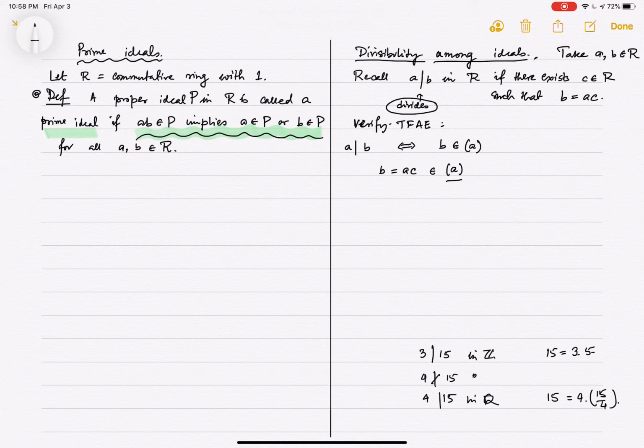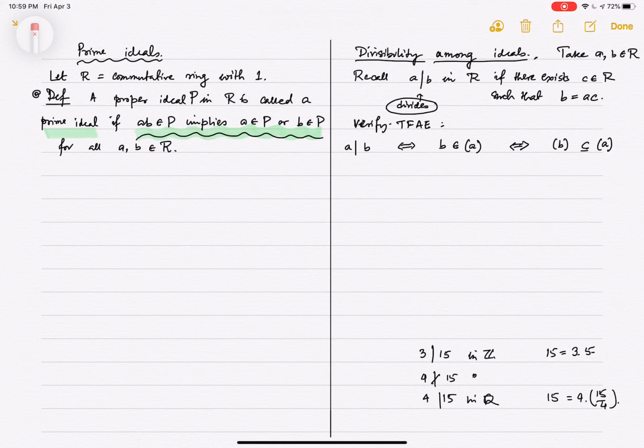But then, furthermore, if b is in this ideal, then any multiple of b is also in this ideal. So all multiples of b form the principal ideal generated by b. So all those are in the ideal generated by a, because any multiple of b is also a multiple of a, because b itself is a multiple of a, which means that this ideal is a subset of that ideal. So the ideal generated by b is a subset of the ideal generated by a.